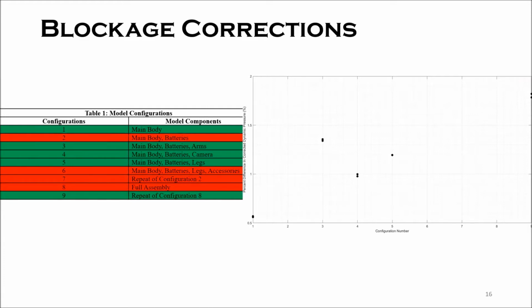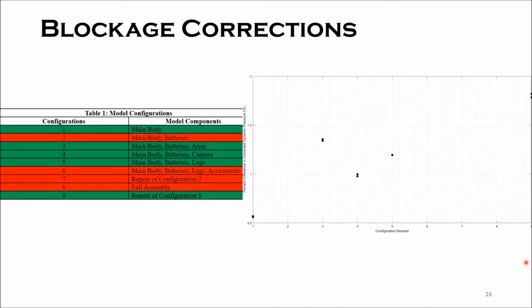The graph on the right shows the percent error in corrected dynamic pressure for each accepted configuration, with a value for the 10 meters per second and 15 meters per second runs. By applying the blockage corrections, configurations with larger frontal area and model volume experienced a greater percent error in corrected dynamic pressure, such as configurations 3 and 9.